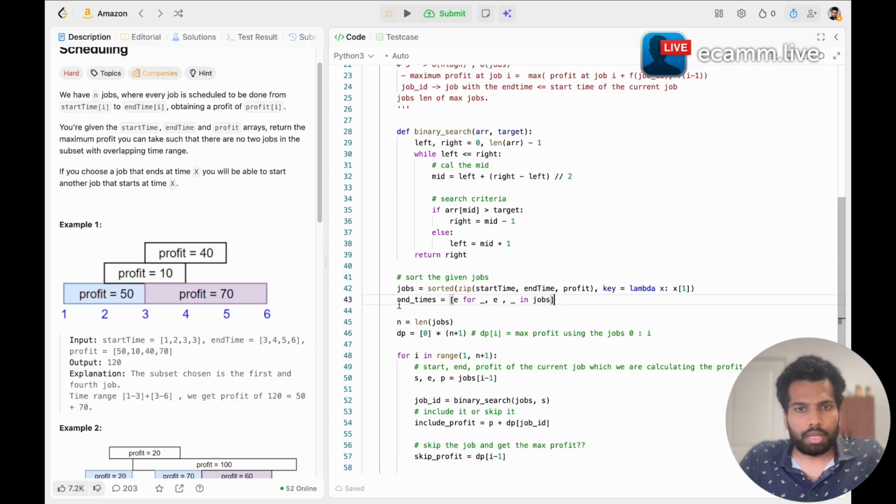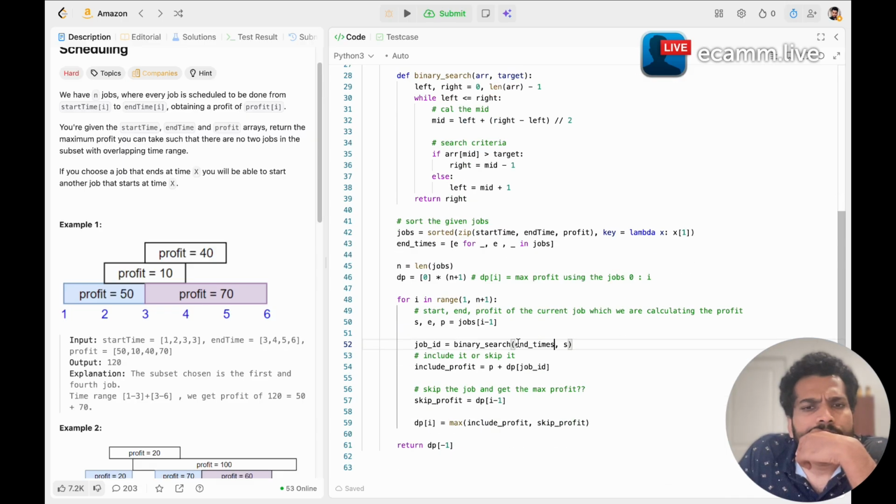So here I'll put this end_times here. Okay, and then now the binary search of job id, skip_profit, dp of i minus 1.